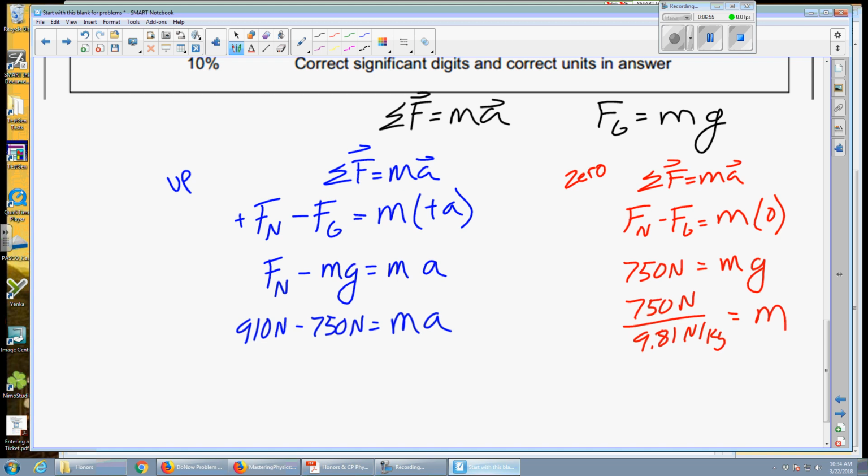Right? So probably just to be more precise, I should have done that first and used that over here. Use my 750, my mass. I don't feel like figuring it out right now.